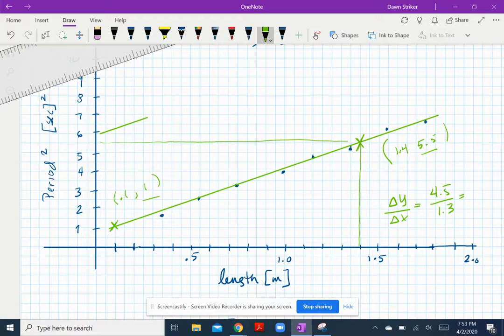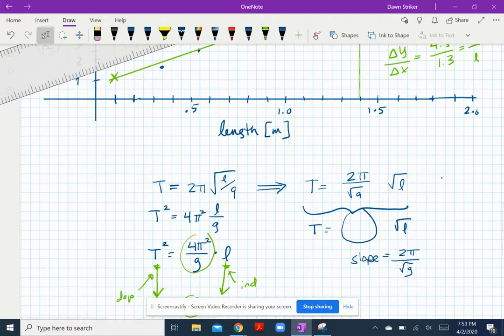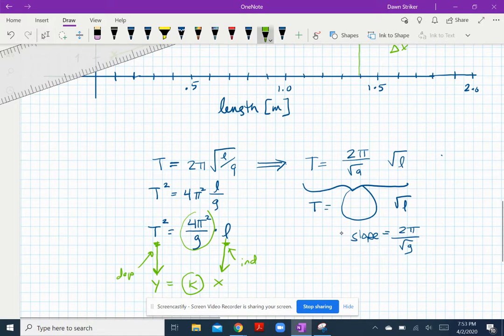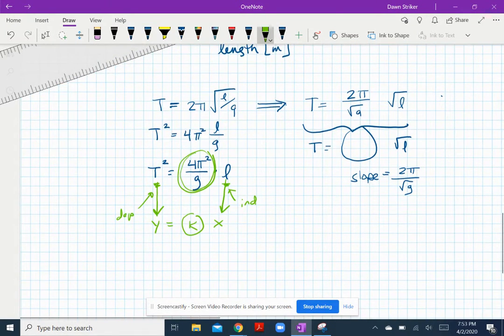Well, what does that really mean? It's the period squared divided by the length. So now come back down to your formula here. Period squared divided by length, the slope should be 4 pi squared over g.